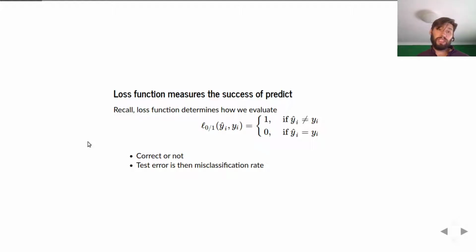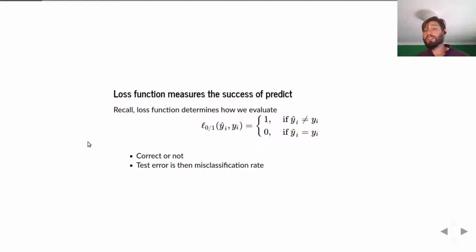This is a big difference between classification and regression: we're really measuring how many times we are wrong or right. In this loss, we're equally weighting the different types of errors. If I predict a 1 and it actually is a -1, or if I predict a -1 and it's actually a 1, those have the same loss, and we're just going to call that loss 1, for example. So this is the 0-1 loss.